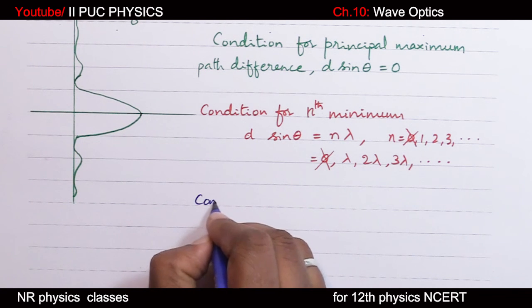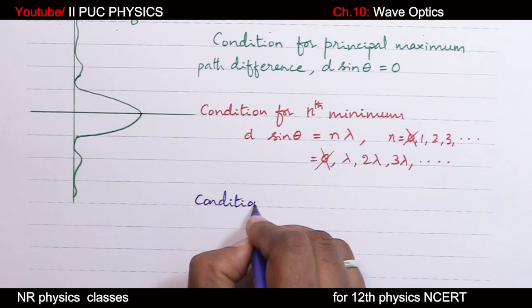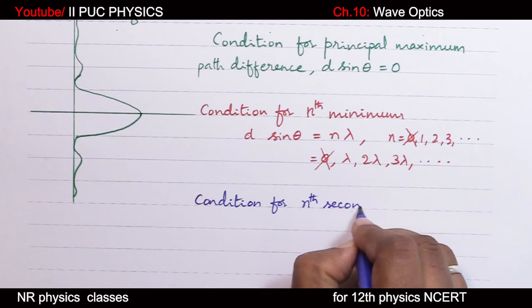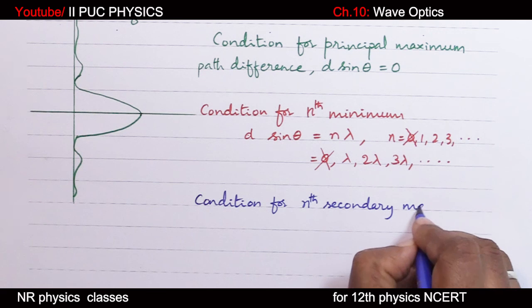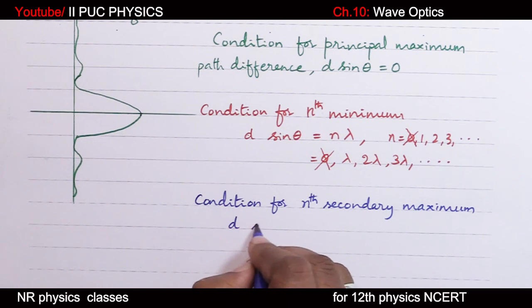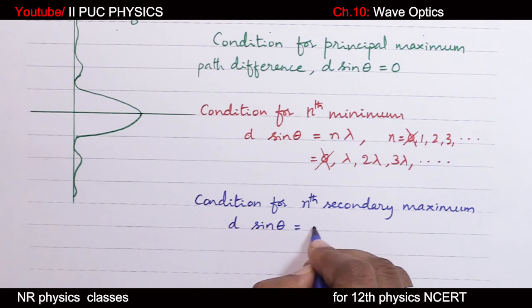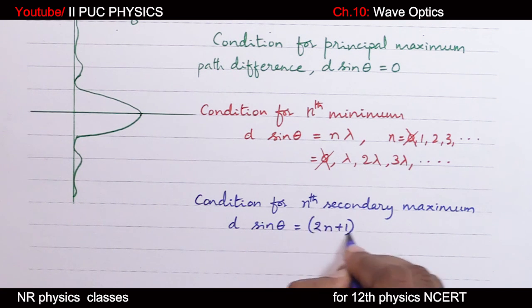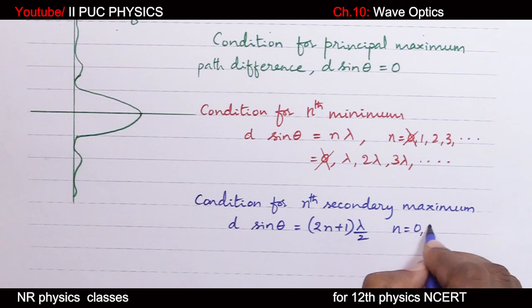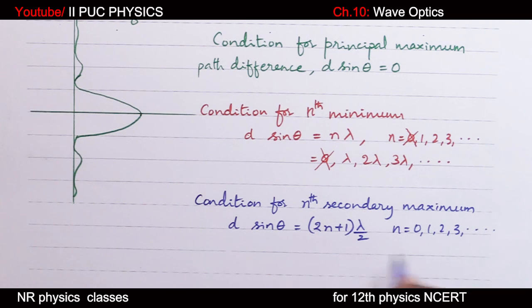Now the condition for the nth secondary maximum. d sin theta should be equal to the odd number (2n plus 1) into lambda by 2. Again n equal to 0, 1, 2, 3, etc. Substitute 0 here, we get lambda by 2.